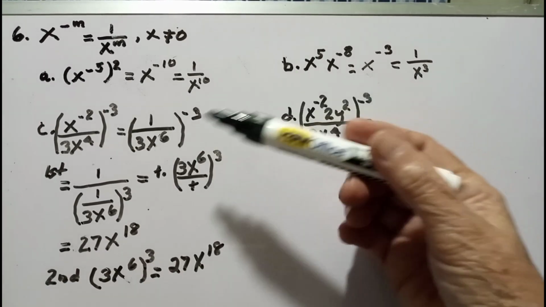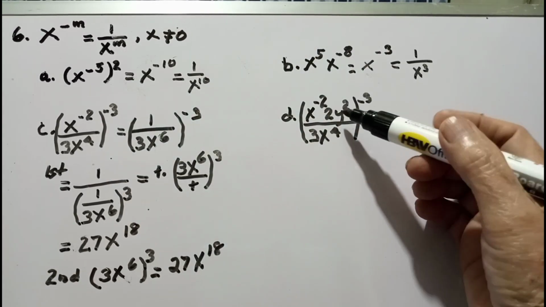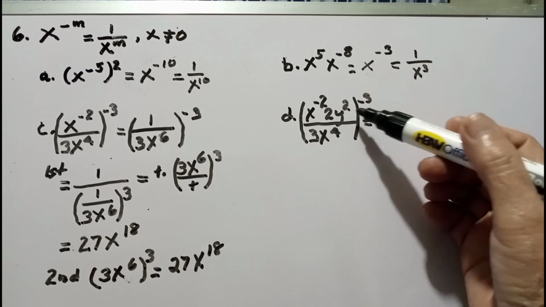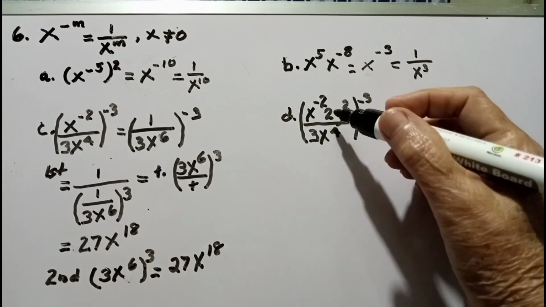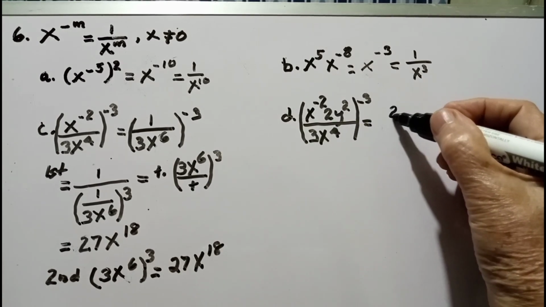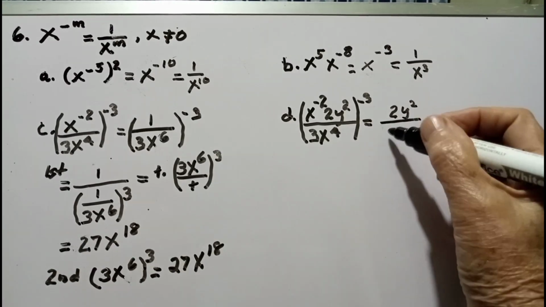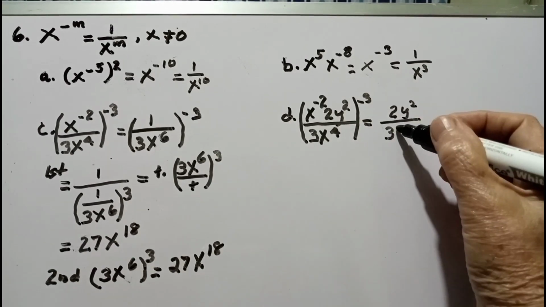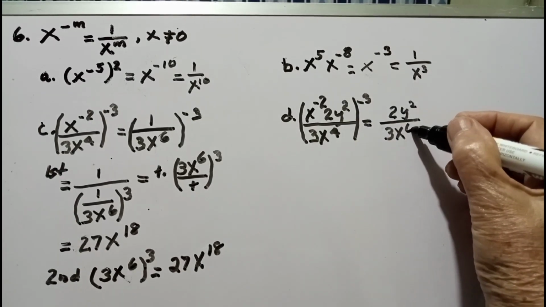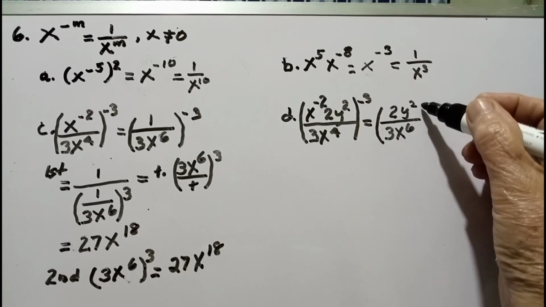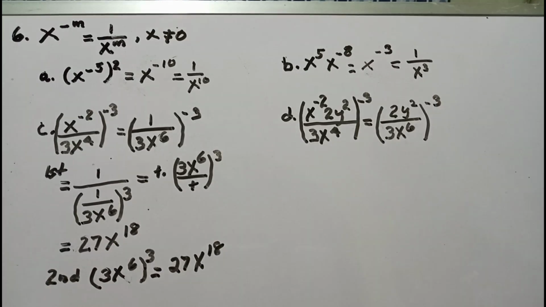Now let's go to our letter D. Take note that I am just using the same expression, but then I add some factors to y squared. So this is now 1. What is left in the numerator is 2y squared. And then over 3x to the 4 plus 2, 6, raised to the negative 3.